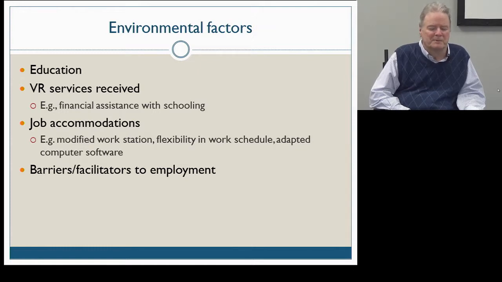So, I'm a big proponent of VR services, and it is something we're looking at in our research, although again, not today. Job accommodations. So, what does somebody need? What are they getting in terms of the very specific accommodations, which can be costly, or they can be as simple as scheduling changes and some flexibility in work environment, and then barriers and facilitators to employment.